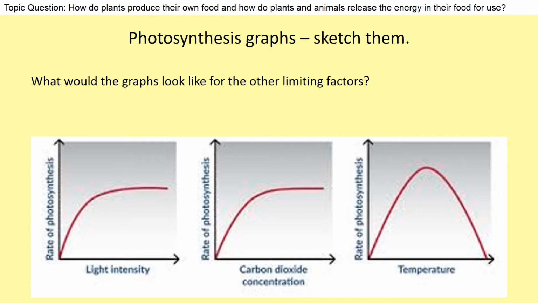So as light intensity increases, what would happen to the rate of photosynthesis? As carbon dioxide increases, what would happen to the rate of photosynthesis? And as temperature increases, what would happen to the rate of photosynthesis? Just give you a minute to sketch those.